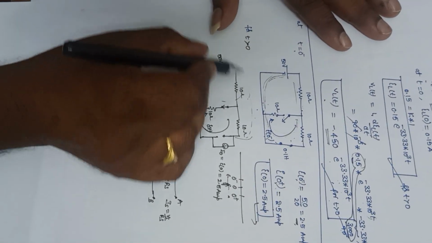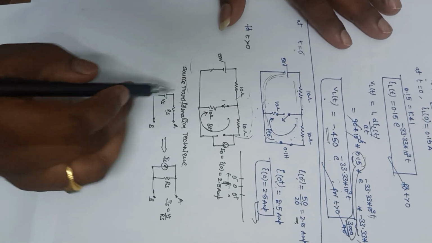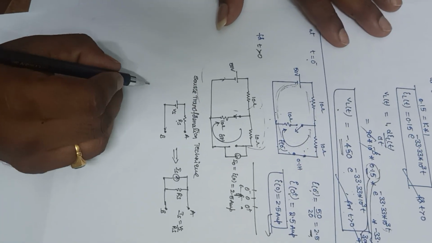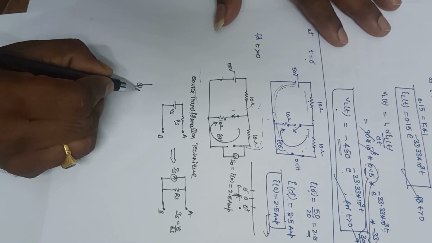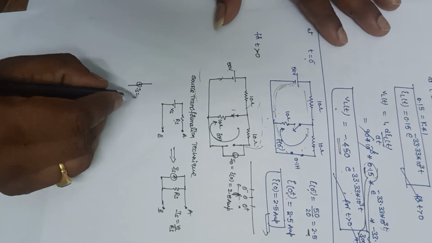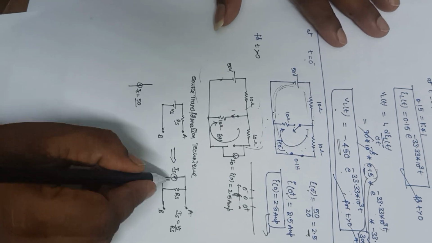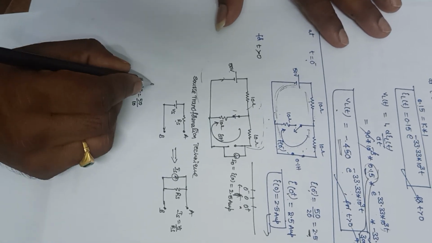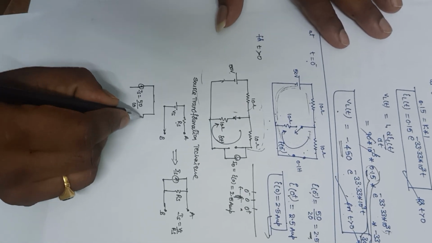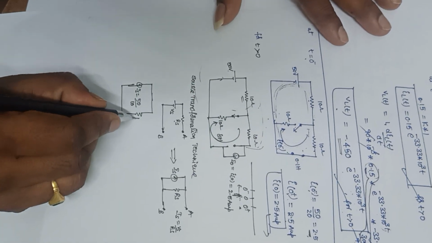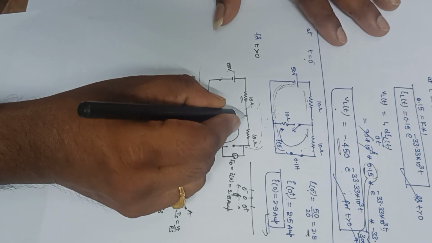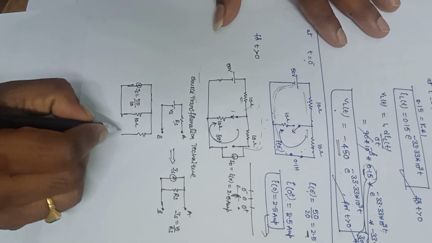Now use the same technique to convert this voltage source into a current source. So now this is the current source. Is is equal to Vs, here 50, divided by Rs, 10 ohms. Here Rs is 10 ohms, and another 10 ohms is already connected here.